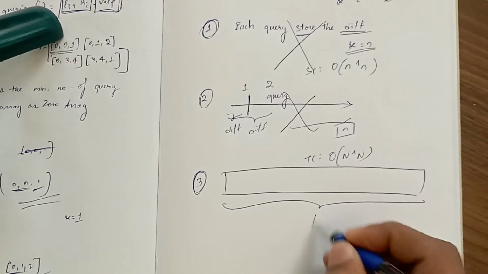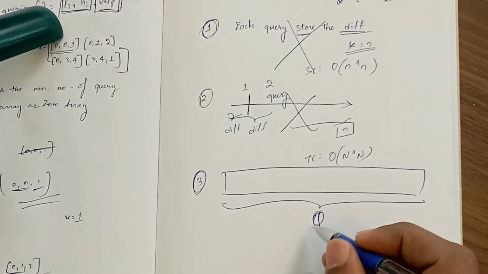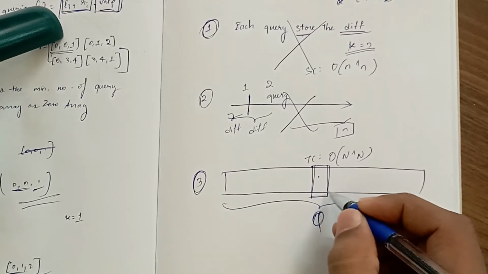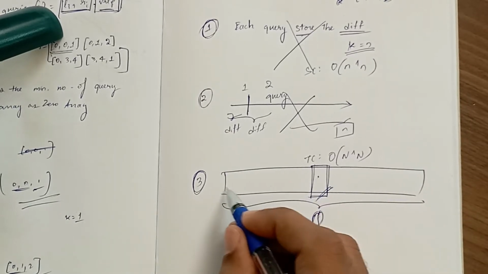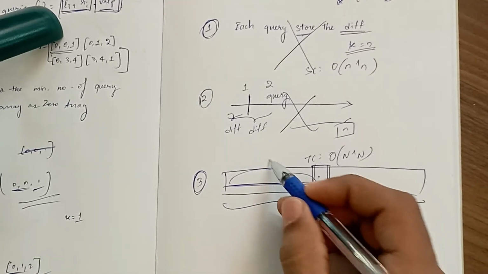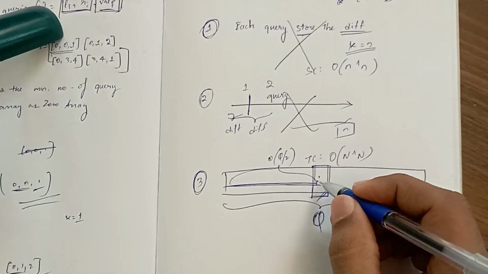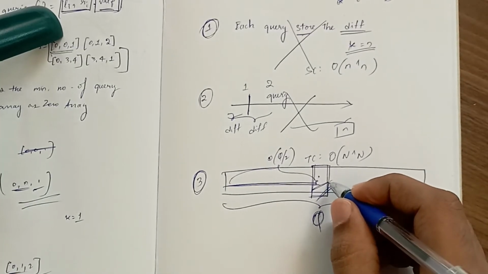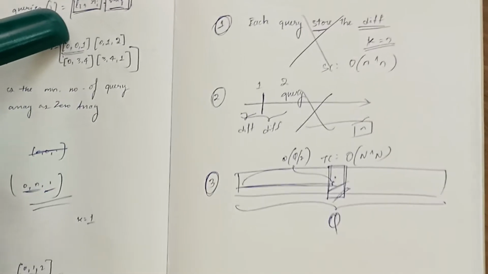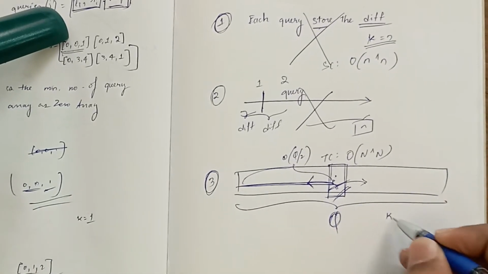We have q, the number of queries. At this point in the query, we need to compute the difference by selecting the queries up to the middle, which is q by 2, and then depending on whether the condition holds, we go either to the left side or the right side in the search for the value of k.